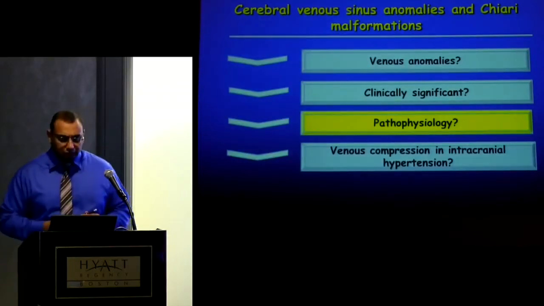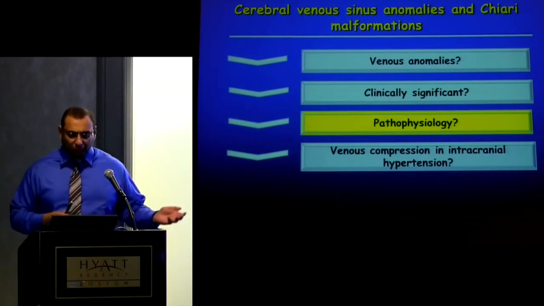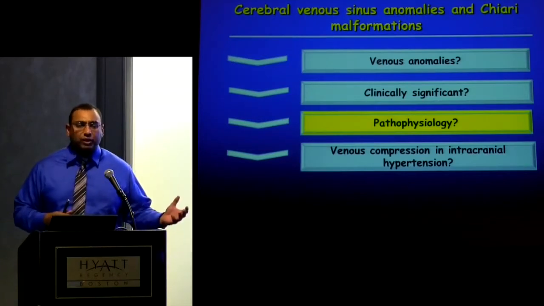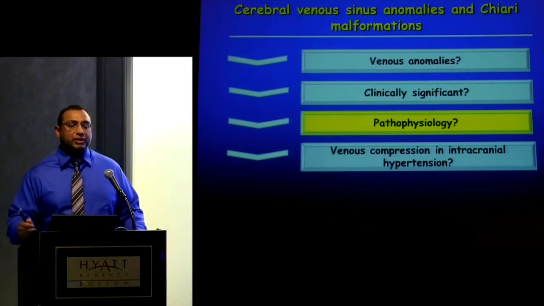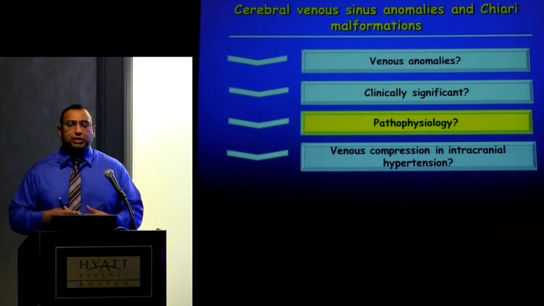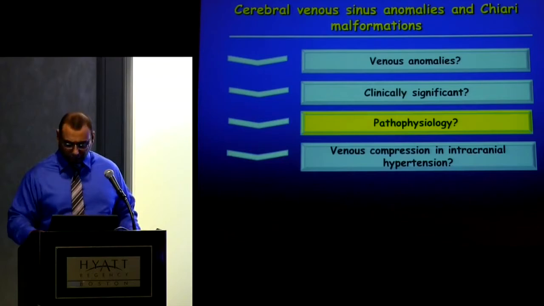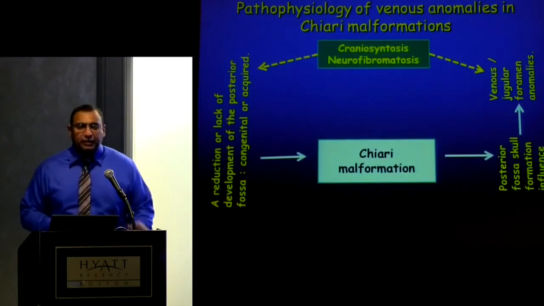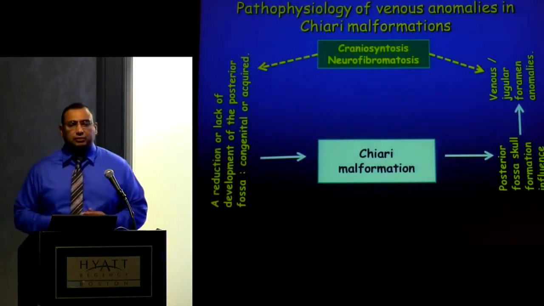Now, we just talked about two phenomena, the Chiari malformation and the venous anomalies. What makes these two coexist? Is this a chance phenomenon? We don't think so, given the higher prevalence in patients with Chiari malformations. And there are two theories for that.